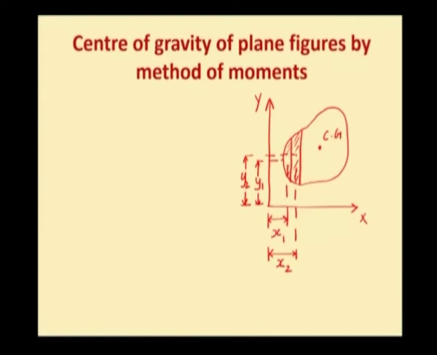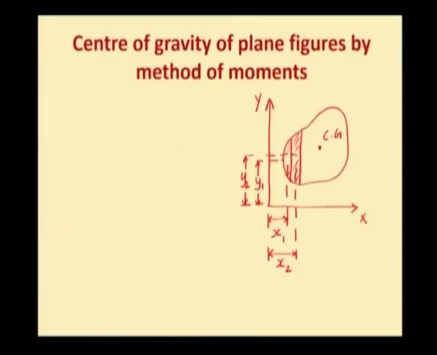Likewise, we will be having distances up to yn. So, we have divided the given laminar area into numerous small strips and we have found out the coordinates of the center of gravity of each and every divided small strip. So, x1 comma y1 will be the coordinates of the center of gravity of the first strip.